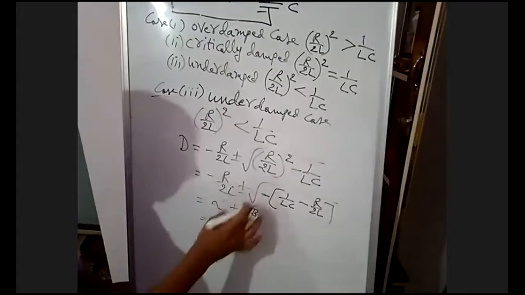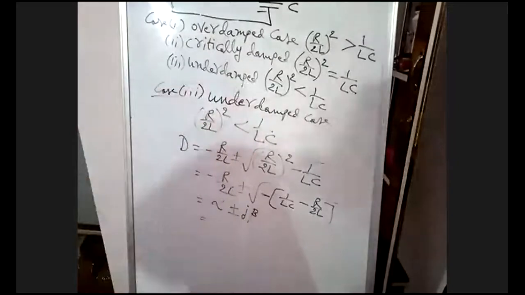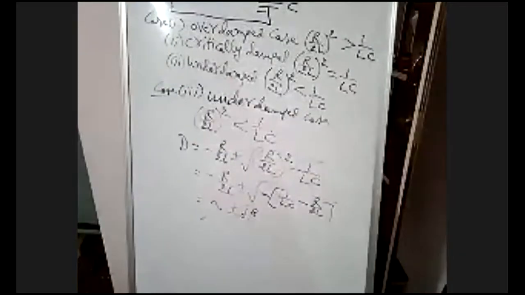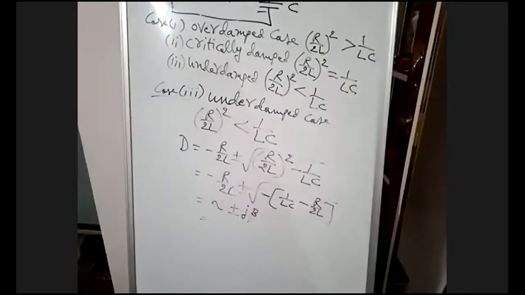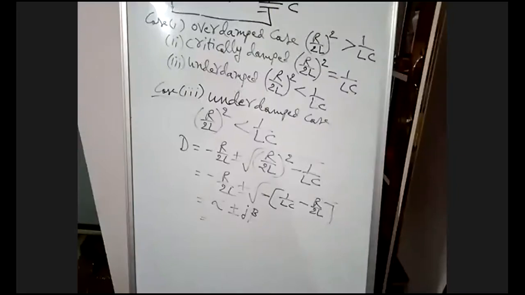The square root of minus 1 we would take as I, but in electrical circuits I is current. That's why instead of I, we'll take it as j. In your entire electrical textbook, they will take square root of -1 as j, because I is the current symbol. That's why they won't take I. We'll take it as j.